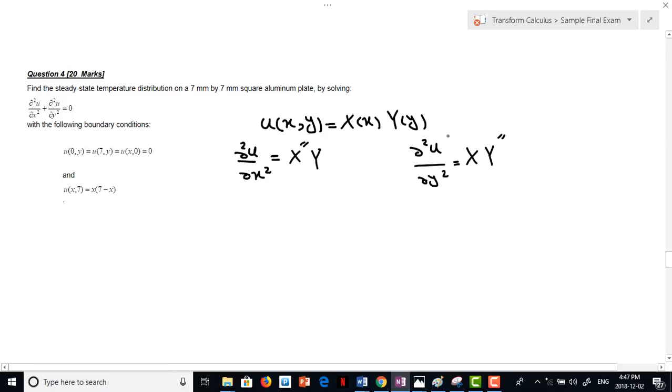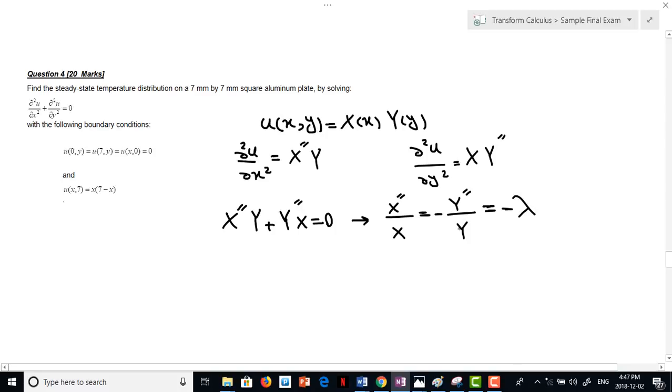I plug it into the Laplace equation, so we have X double prime Y plus Y double prime X equal to 0. As a result, X double prime divided by X is equal to minus Y double prime divided by Y, and it's equal to minus lambda.